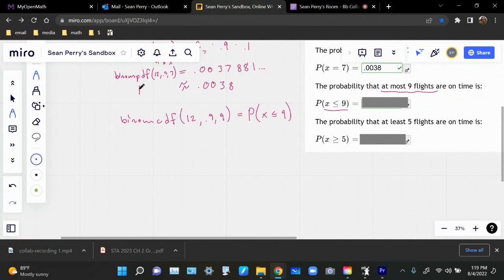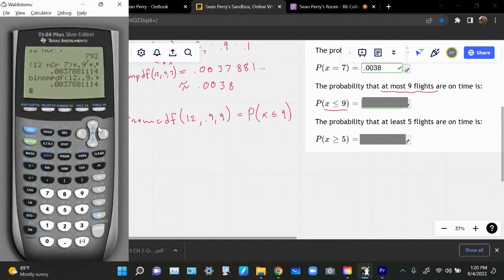The P here stands for probability. This is the binomial probability distribution function. And the C here is the cumulative distribution function. It adds up all of the values less than or equal to 9. So let's bring back our calculator.